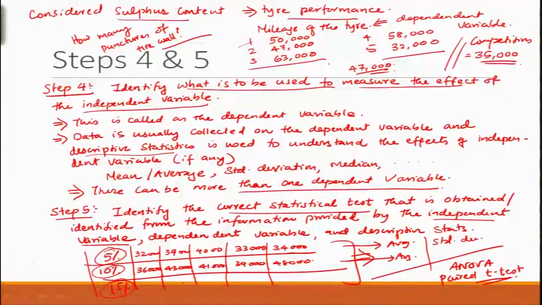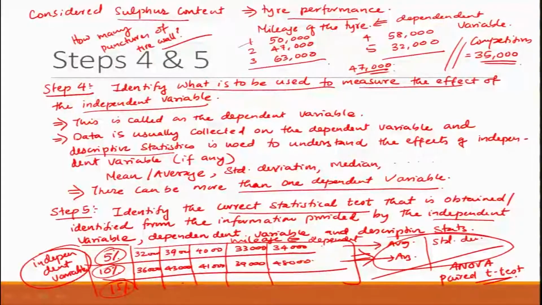This is the independent variable, and this is the mileage, which is your dependent variable, and here is your descriptive statistics. These three put together tell you what test to do and how to identify the correct statistical test to make the correct decision.